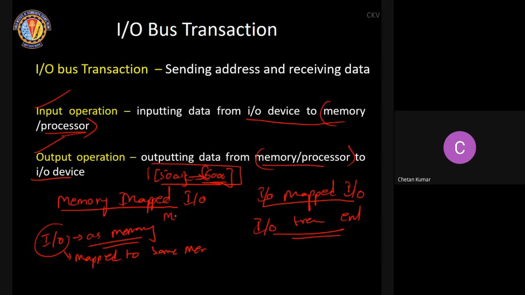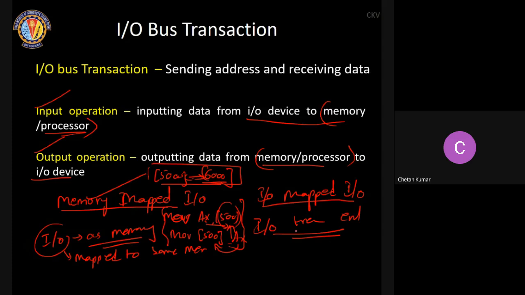In 8086, you would have used move instructions only. MOV AX, 5000: some data will be moved from the IO block which is mapped to this address. Similarly, if you want to send the data, you do it the other way. So here you will be sending the data in AX to the IO which is mapped to the 5000 location. This is how you communicate with IO in the case of memory mapped IO.